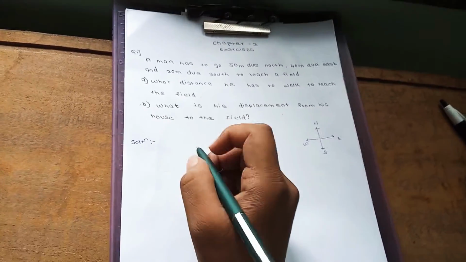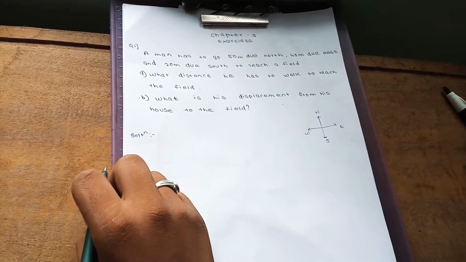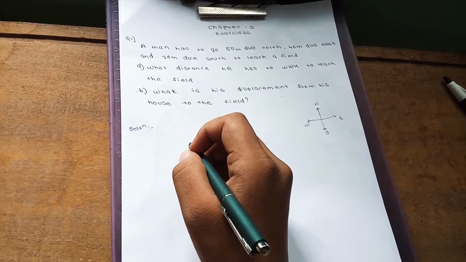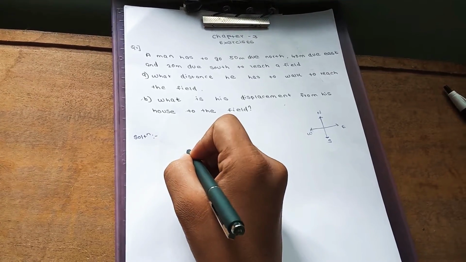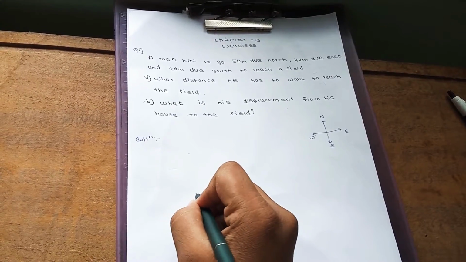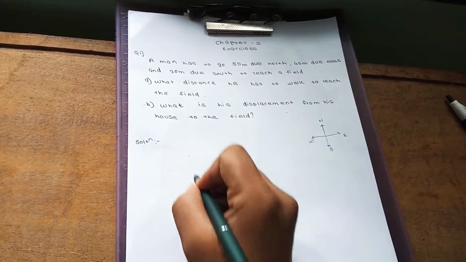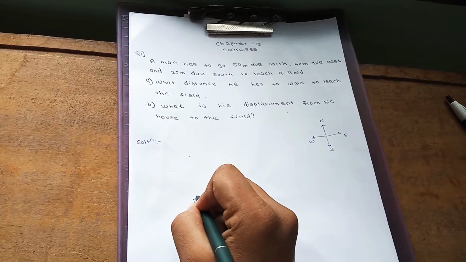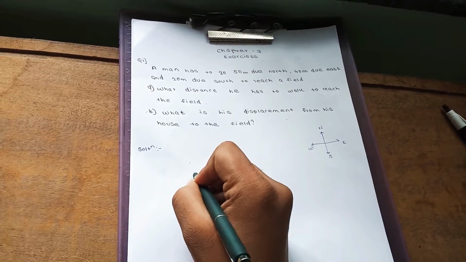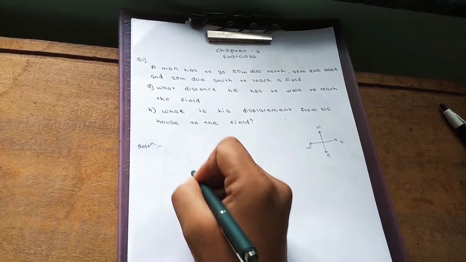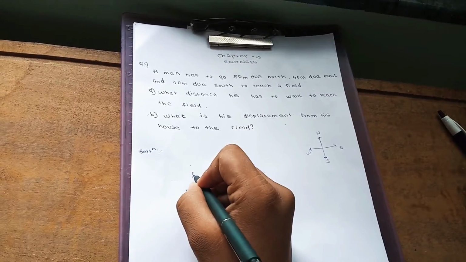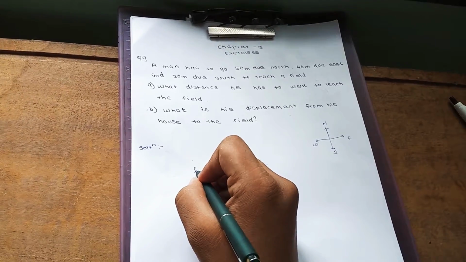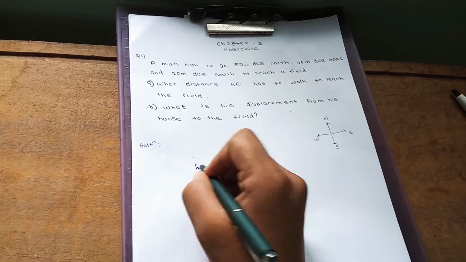So firstly, as it is given in the question, we will first make its diagram, so it will be clear for you. Okay, 50 meter due north. Suppose the man is initially here and he went 50 meter due north. Okay, and then they're saying that he went 40 meter due east, right?